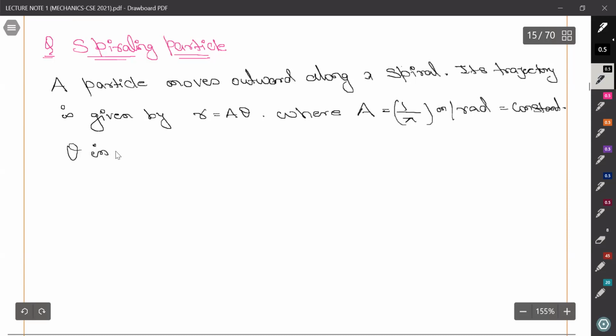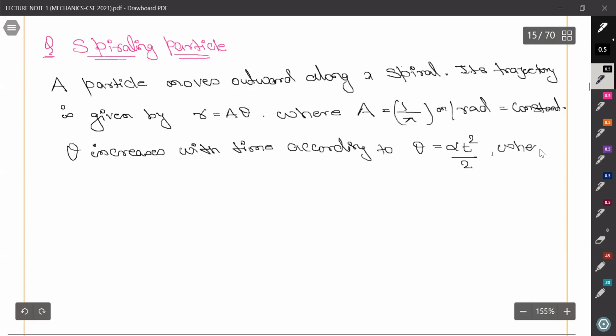Theta increases with time. A is constant, but theta increases with time according to theta equals alpha t square by 2, where alpha is constant.